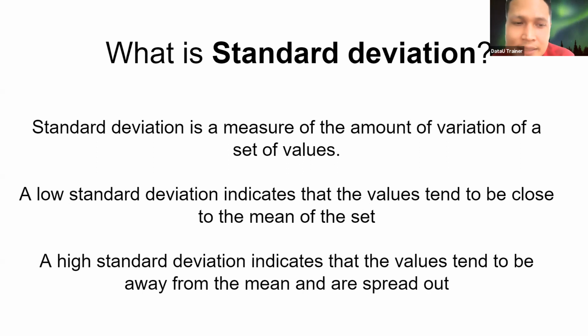But if you have a high standard deviation, then it means there's a lot of people with different ages, right? But in that case, it's hard to say what's better. It really depends on what you're trying to do.